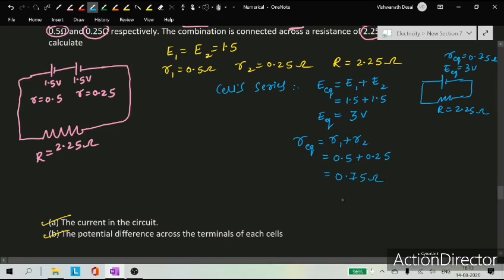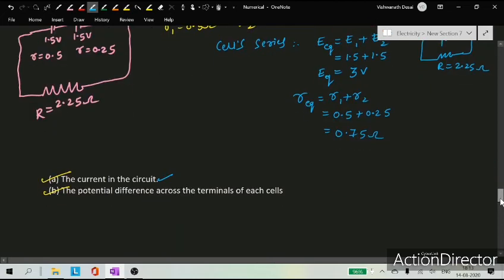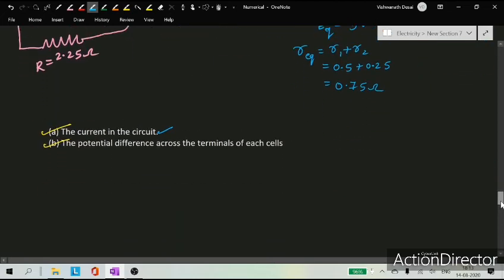Now, after getting that, the circuit is simple. So we can calculate the value of current. So the first part is the value of current, we can calculate it. Somewhere here I will calculate the first one, current.